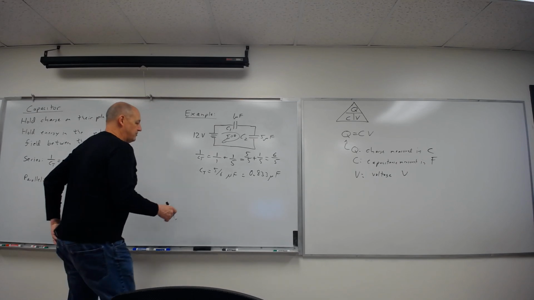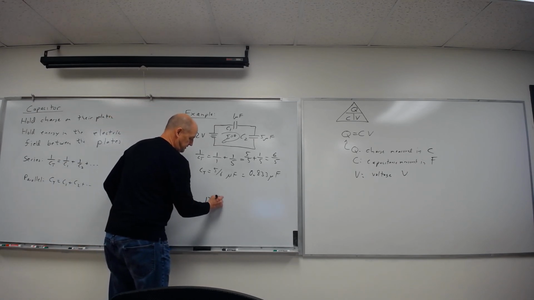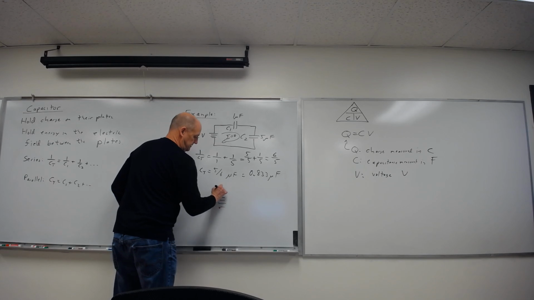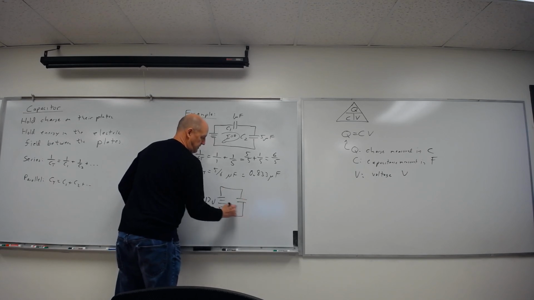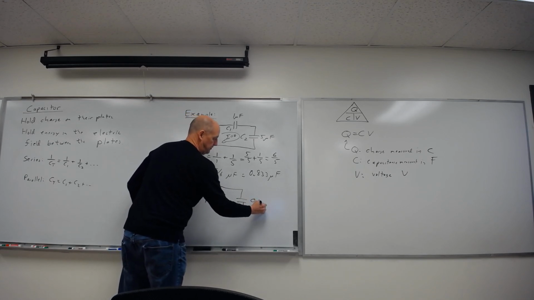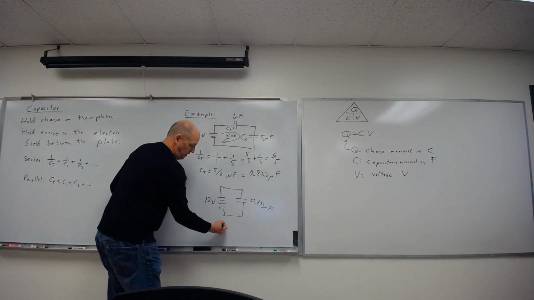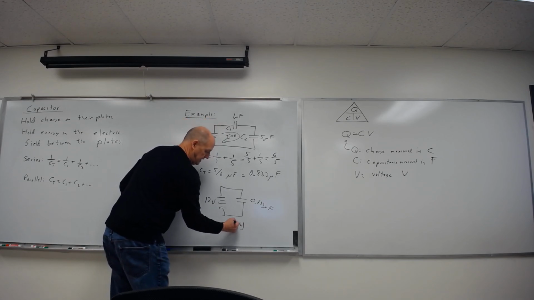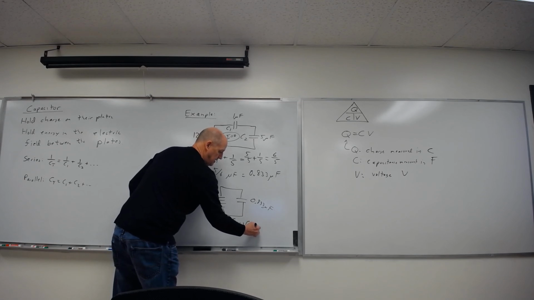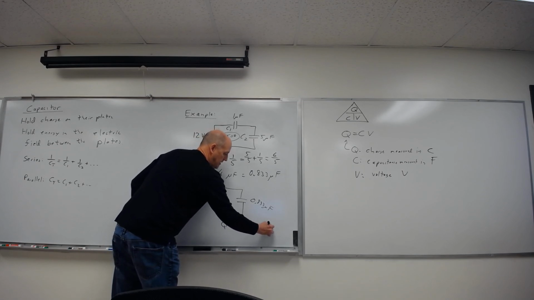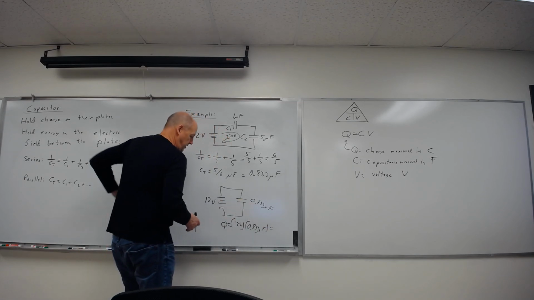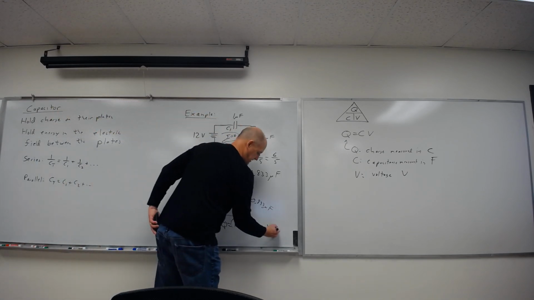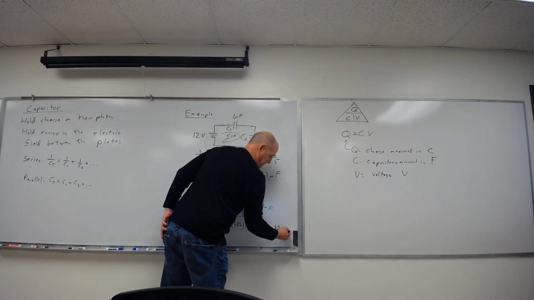So I can now rewrite my circuit as 12 volts through a single capacitor that's 0.833 microfarads. So the charge on the plates of the capacitor is 12 volts times 0.833, and I end up with 10 microcoulombs.